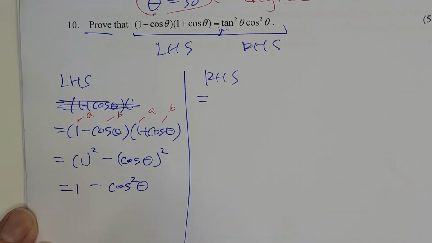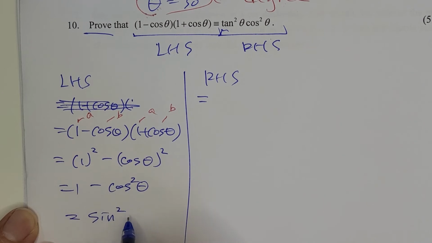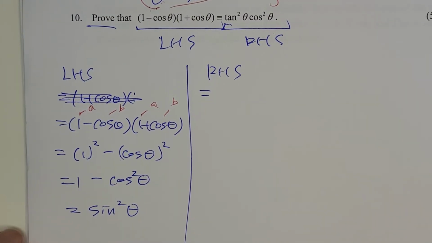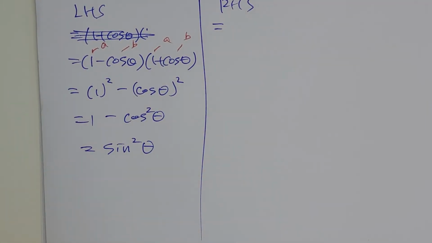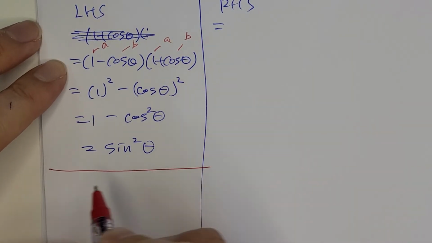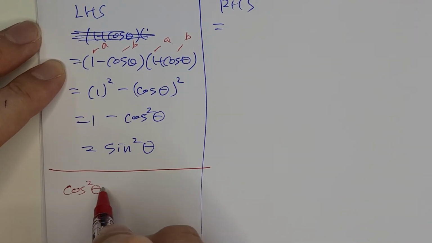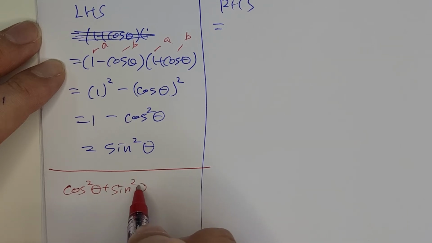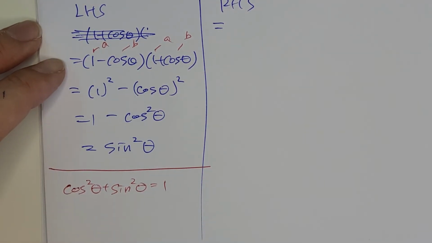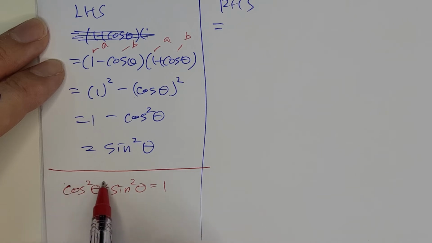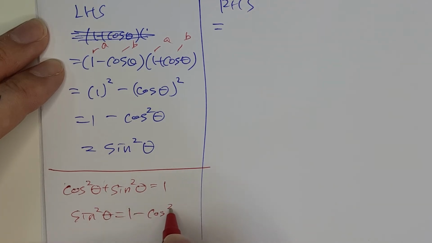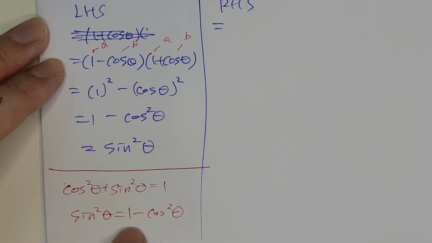So how do we simplify this? 1 minus cosine squared theta actually is sine squared theta. Some of you may not know why. Let me explain. As you learned the formula, cosine squared theta plus sine squared theta equals 1, right? Then you just move this positive cosine squared theta to the other side. You can write sine squared theta equals 1 minus cosine squared theta. That's the way we can simplify something like this.